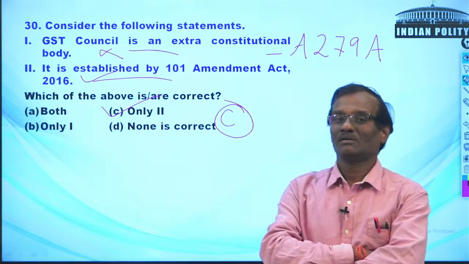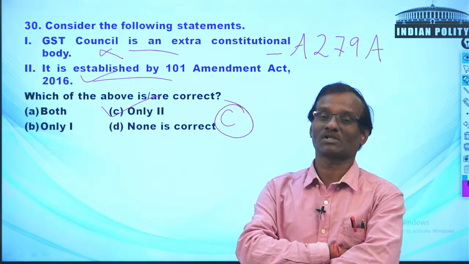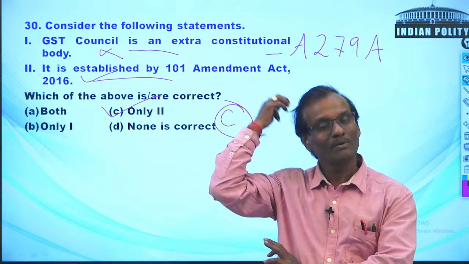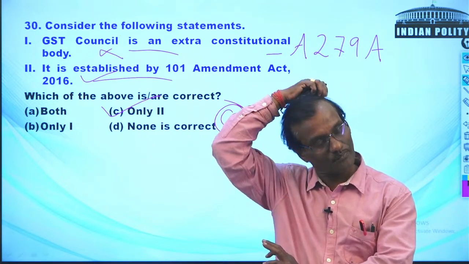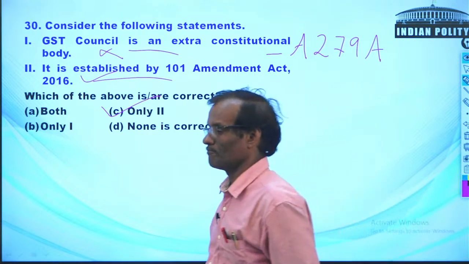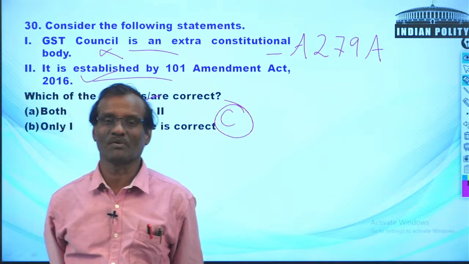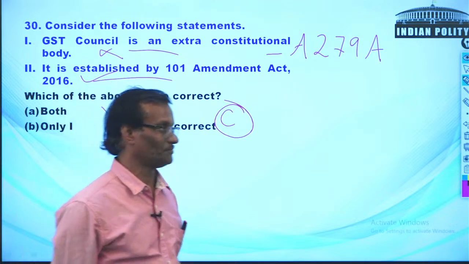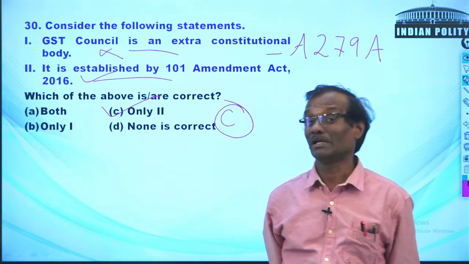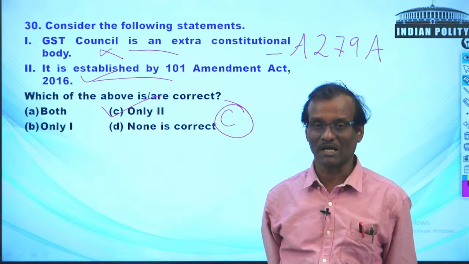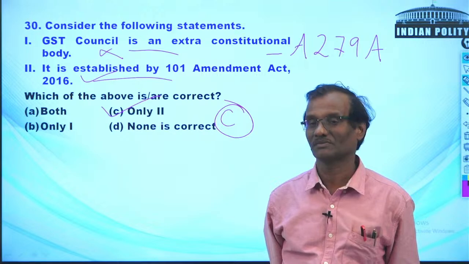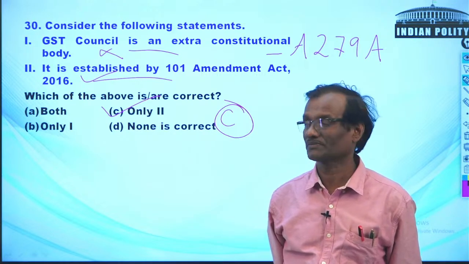Okay. So this is all about your constitutional bodies. And in the next class, we shall be starting with the extra constitutional bodies. I told you extra constitutional bodies are the bodies which are not mentioned in the constitution. They are either established by an act of parliament or under an order of the government or executive notice.